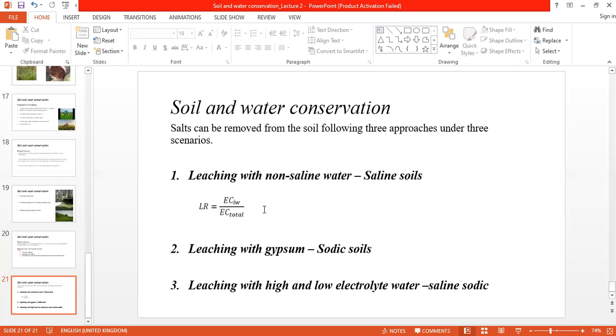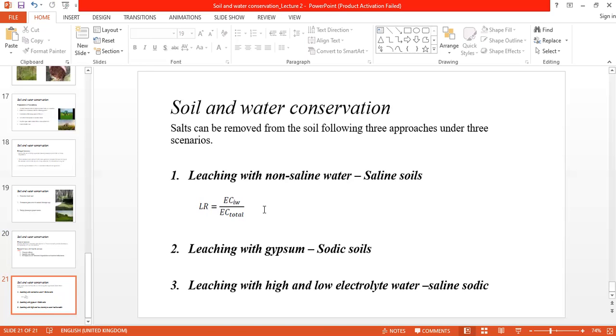Because you have a high amount of salts in your irrigation water, what you want is those salts to go and first remove the sodium from the soil complex. Then when you remove your sodium, you now apply water which has less salts, not necessarily pure, but a lower amount of salts, such that that water is going to first leach out the sodium and then leach out the other salts.